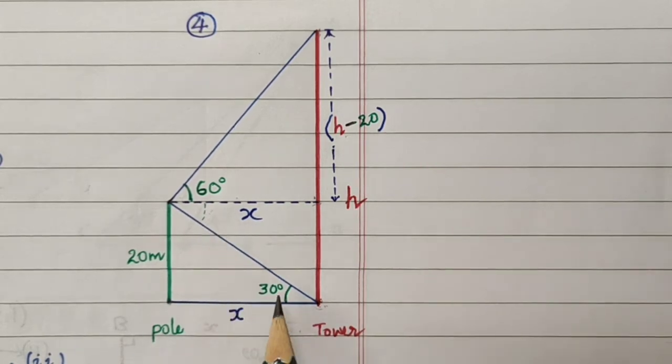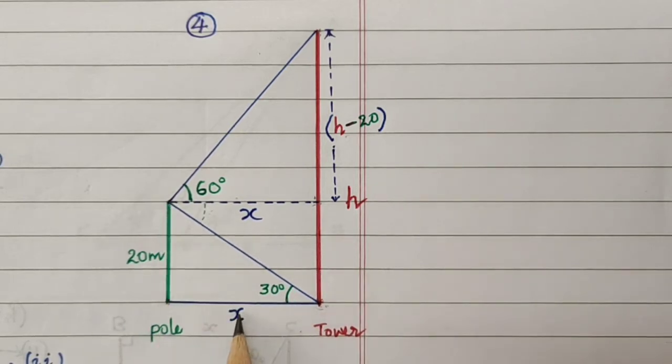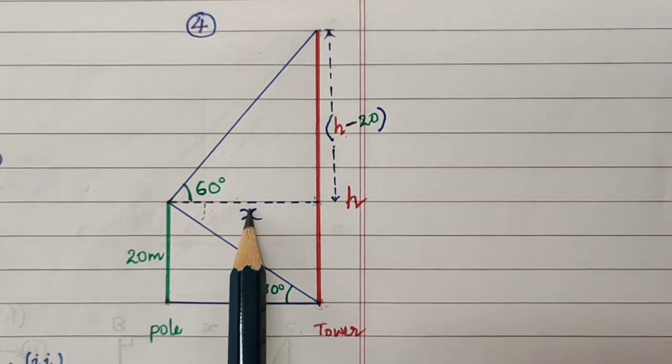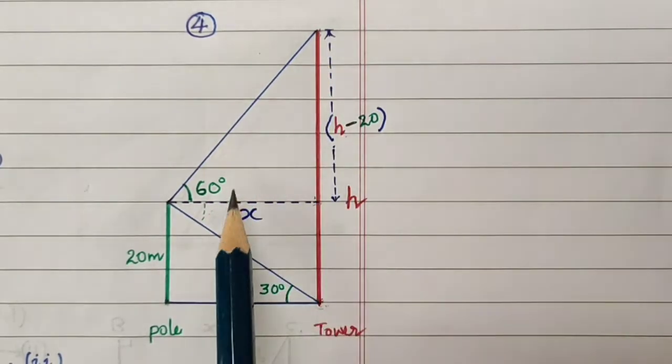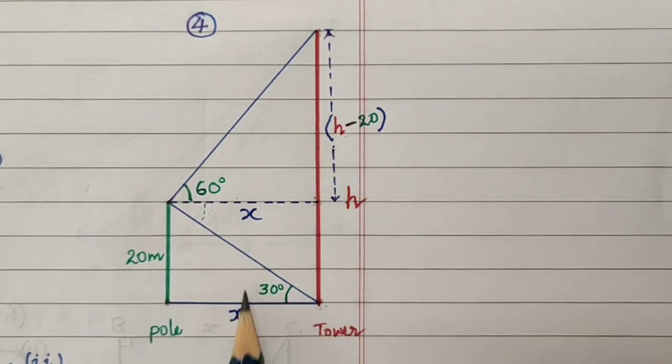When this is 30, this is also 30 because they are alternate angles. So from the first triangle here, we can find out the value of x. Once we find the value of x, we can use it in this triangle. So then we'll have only one variable here. Otherwise we'll have two variables. For that we need to find out one variable from here.